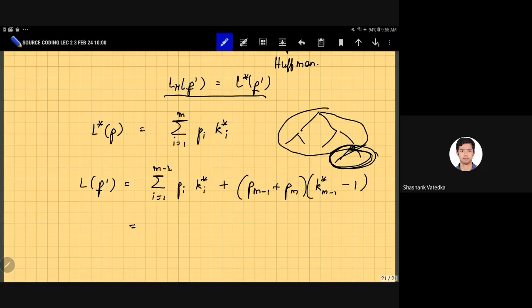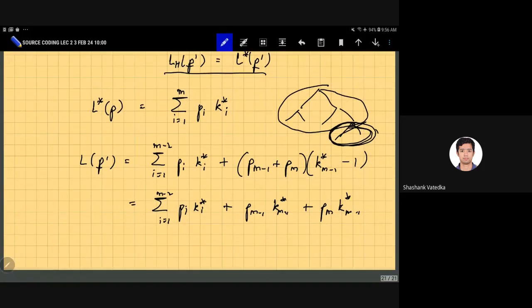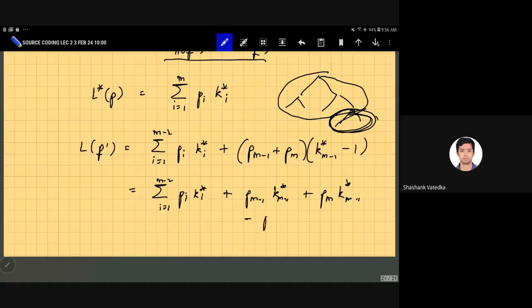So this is basically equal to L star of P minus, if I write this out separately, the summation i going from 1 through m minus 2 of Pi Ki star plus P m minus 1 K m minus 1 star plus P m K m minus 1 star, minus P m minus 1 minus P m.